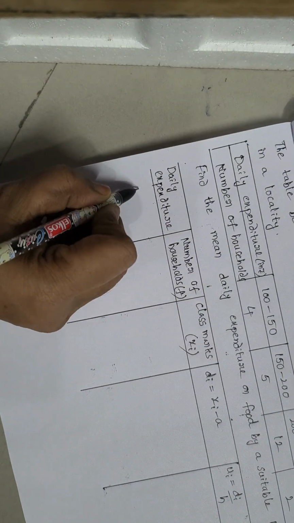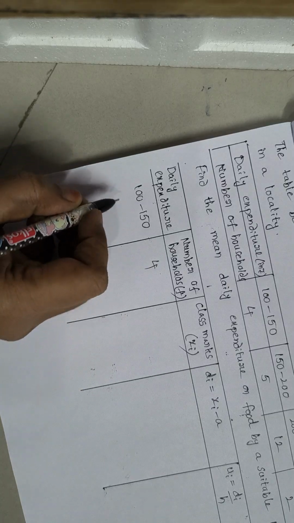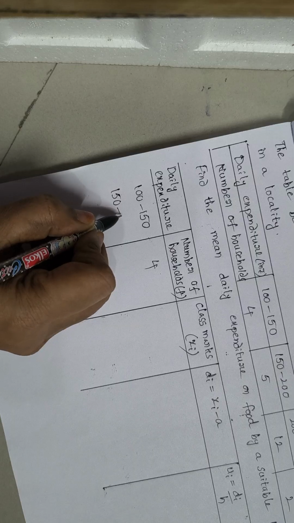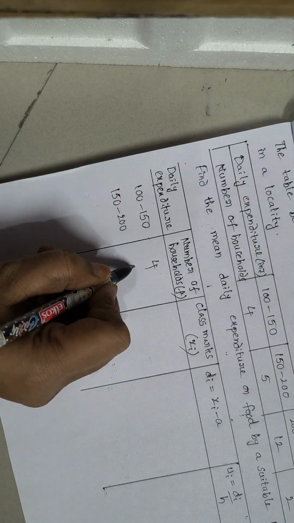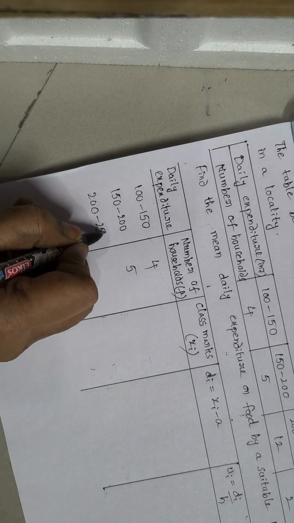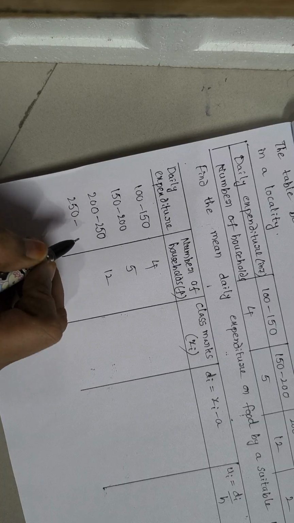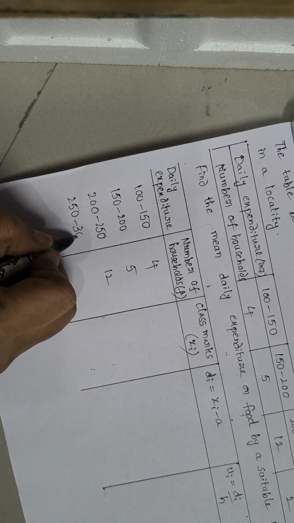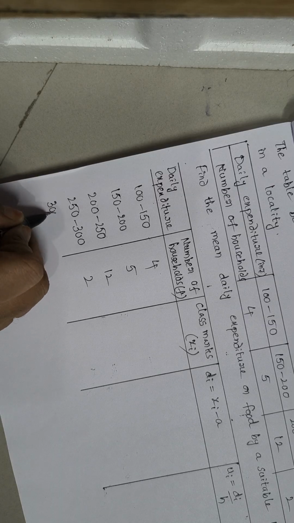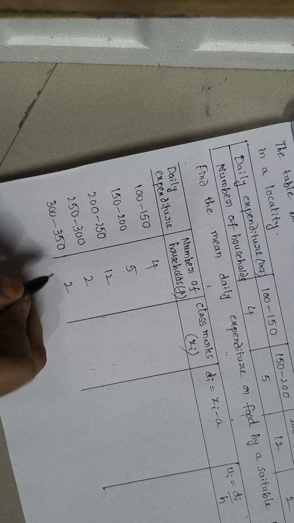Now take the values: 100 to 150, frequency is 4, and 150 to 200, frequency is 5, 200 to 250, 12, 250 to 300, frequency is 2, 300 to 350, it is 2.